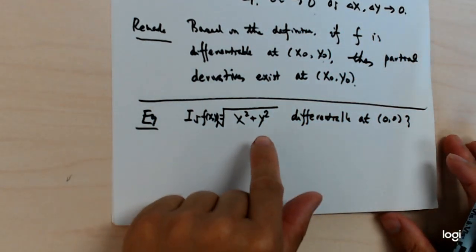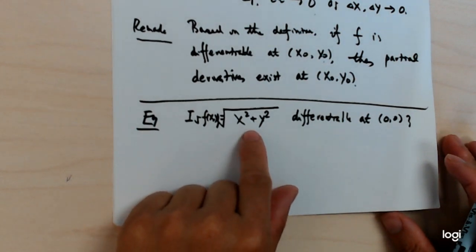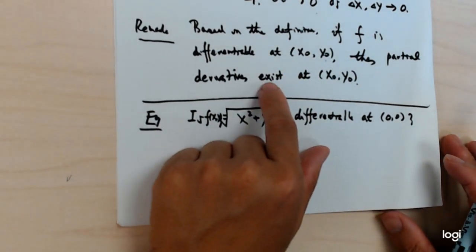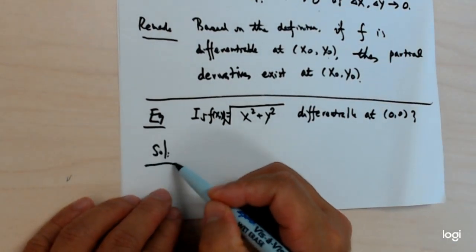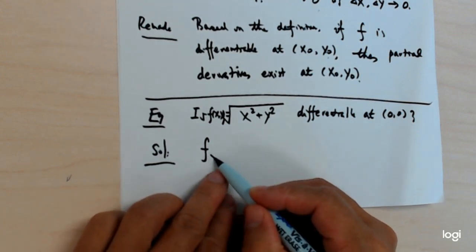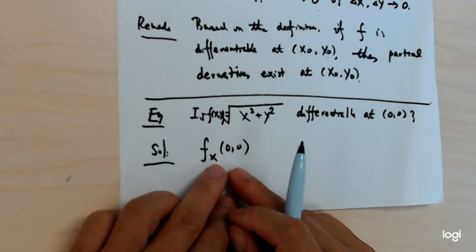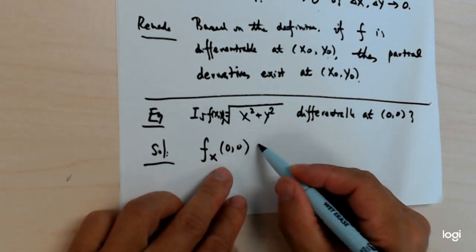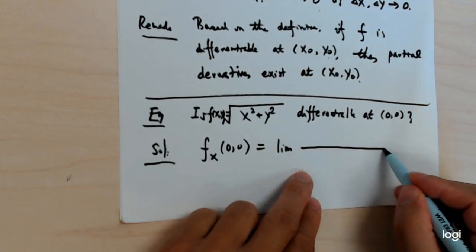But what I want to do here is I will show you the partial derivative does not even exist. So I will go ahead and try to calculate the partial derivative at 0, 0 with respect to x. Let's think about what that means.